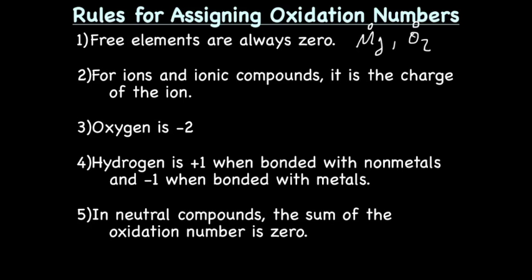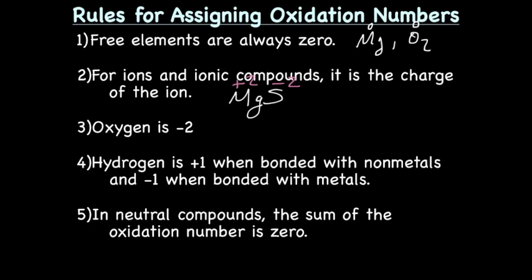For ions and ionic compounds, the oxidation number is the same as the charge of the ion. So for example, if we had MgS, the oxidation number for Mg is +2. The oxidation number for S is -2, because Mg has a 2+ charge and S has a 2- charge in this ionic compound.